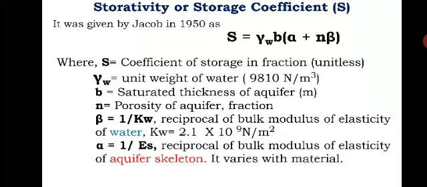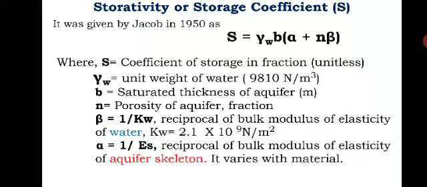And what is alpha here? Alpha is also the reciprocal of bulk modulus of elasticity of what? The aquifer skeleton. Here beta stands for the bulk modulus of elasticity of water, and alpha stands for the bulk modulus of elasticity of aquifer skeleton, that is the material which the aquifer is made of.